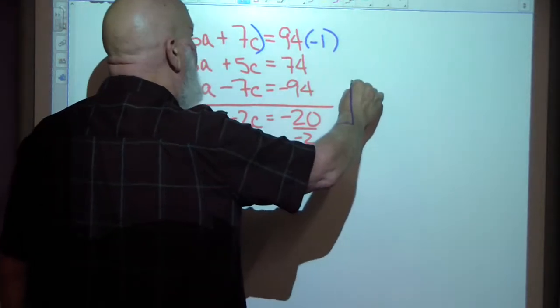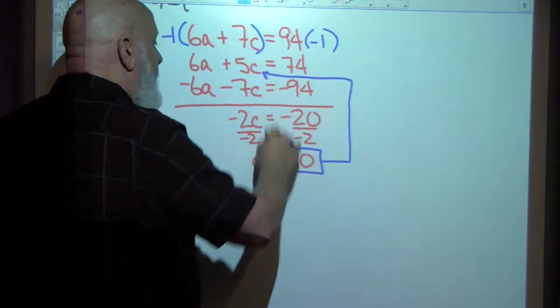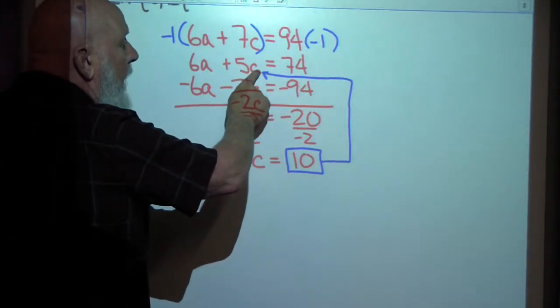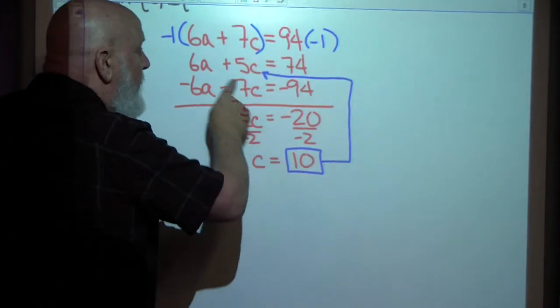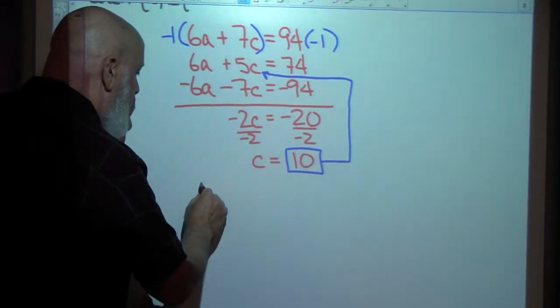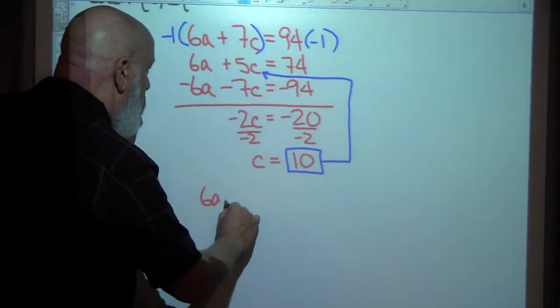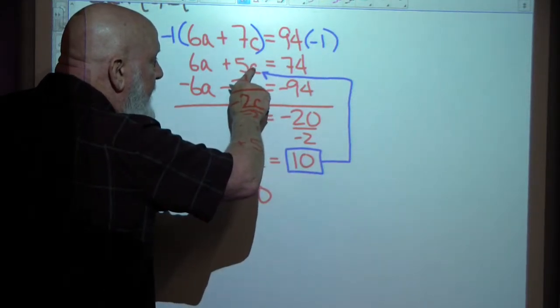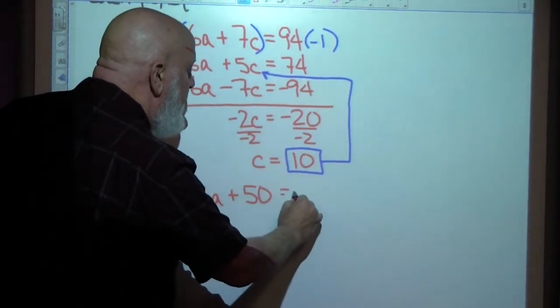So I'm plugging this value in right here, and I'm going to call that 50. 5 times C is 5 times 10. So when I rewrite this, 6A plus 50, 5C is now 50, 5 times 10, is equal to 74.